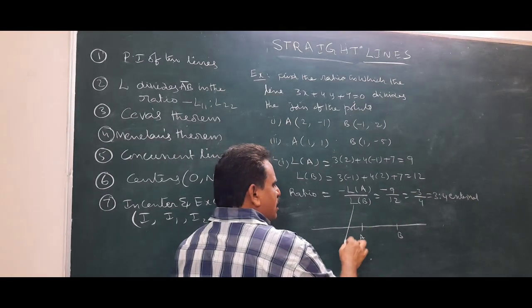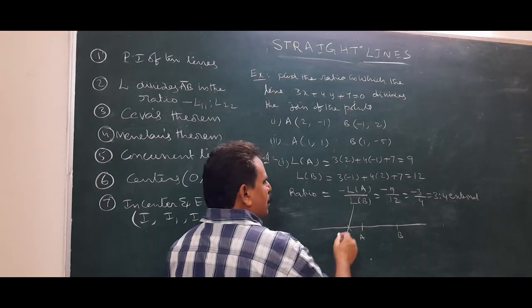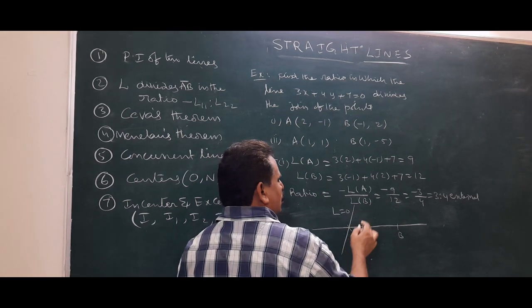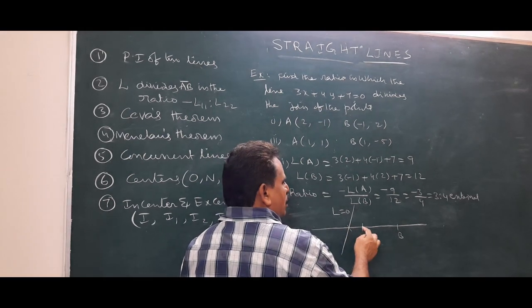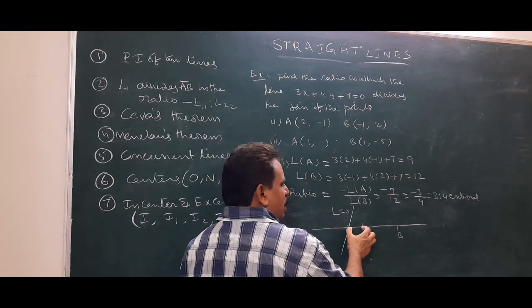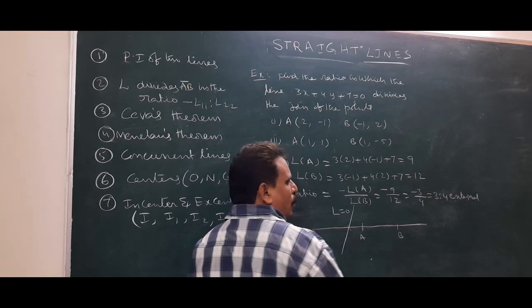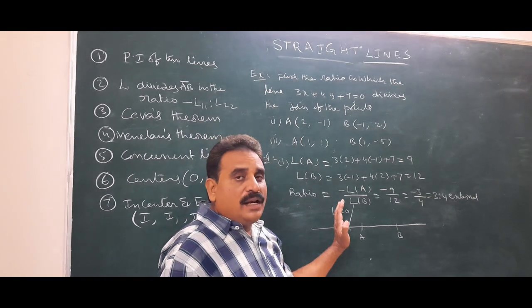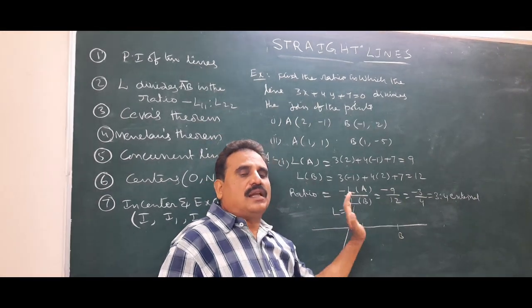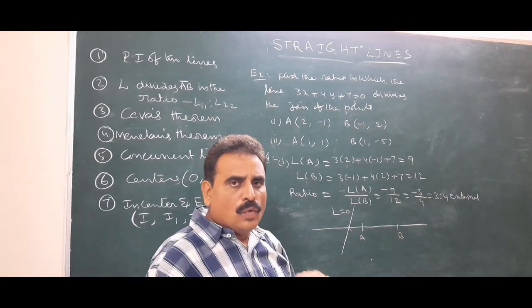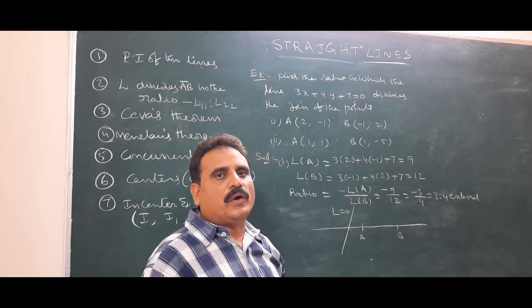The line cuts 3 is to 4. L equal to 0 divides AB, this part is 3 and this part is 4. So 3 is to 4. L divides AB externally.